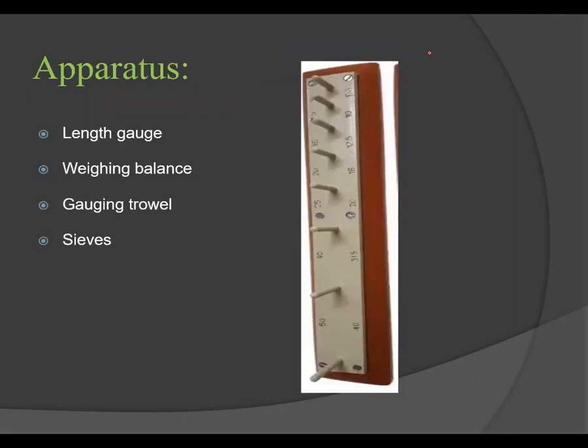Then let's see the required apparatus. We require a length gauge, a weighing balance, a trowel and different sieve sizes. You can see in this picture the length gauge.